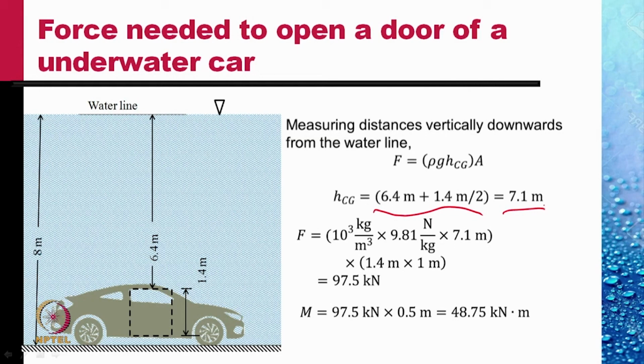So the force would be 10 to the power 3 kilogram per meter cube, the density, into 9.81 Newton per kilogram, the value g, into 7.1 meter, the depth of the centroid, multiplied by the area of the door, which is 1.4 meter into 1 meter, or 97.5 kilonewton.